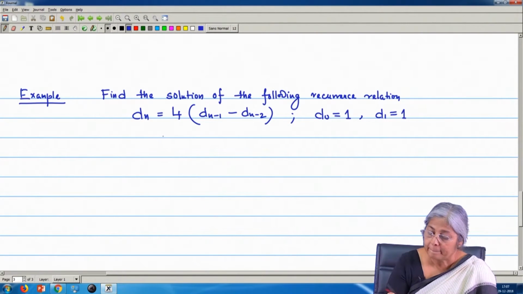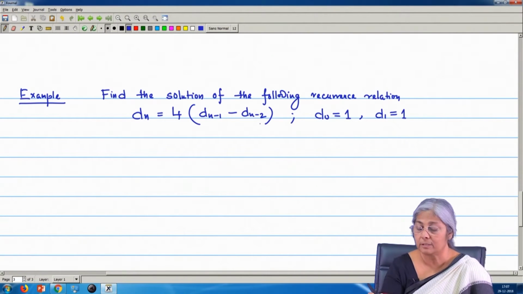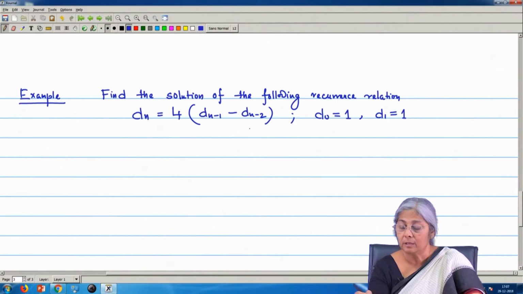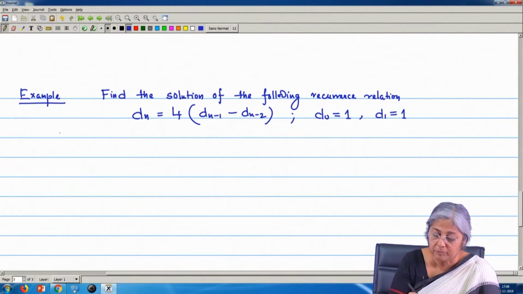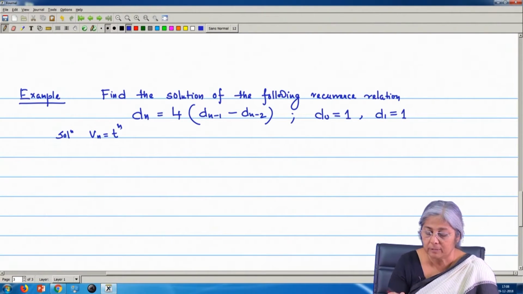Now, since it is a linear homogeneous recurrence relation of second order, we can consider the solution is of the form v n equal to t to the power n.